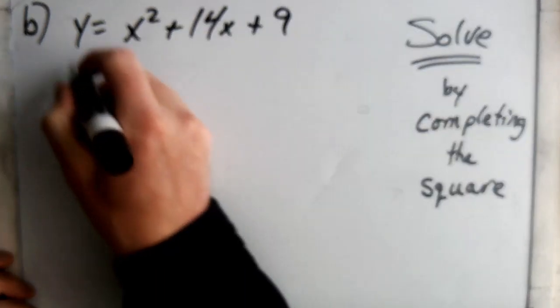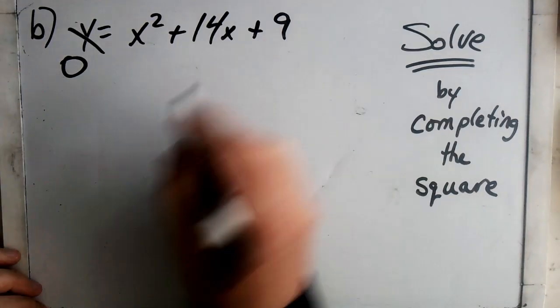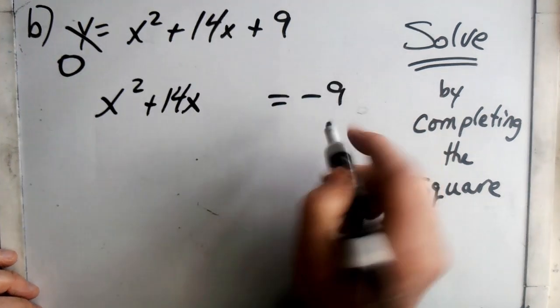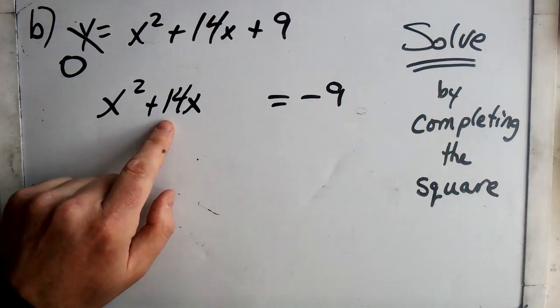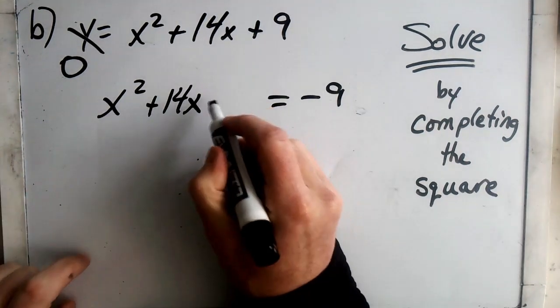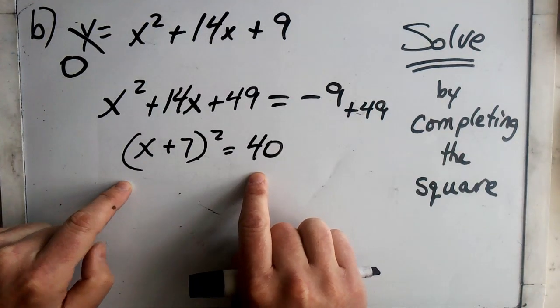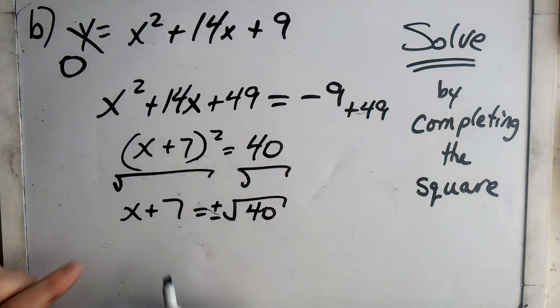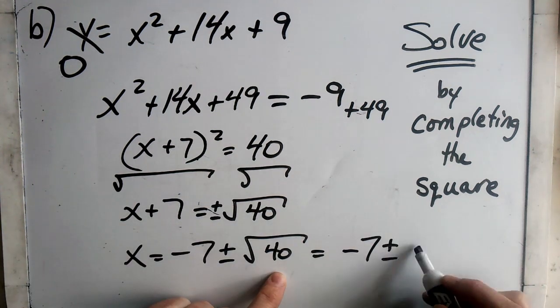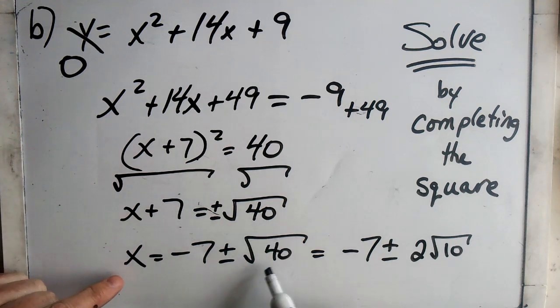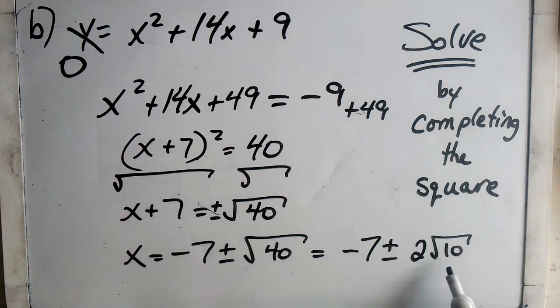So this becomes 0. 9 moves to the other side and becomes negative 9. Now divide by 2, 7. 7 squared. We've completed the square. Now let's solve. So complete the square, then we solve, and we have to simplify the radical to 2 root 10.